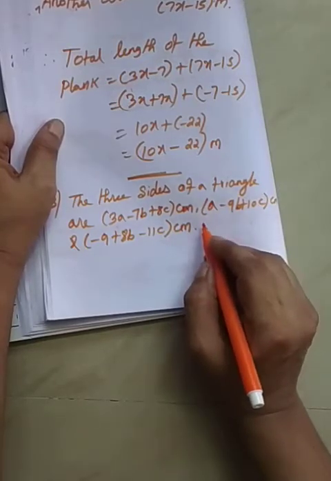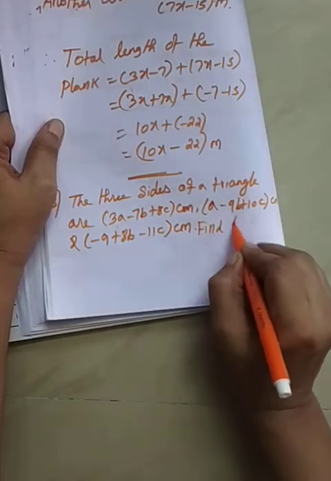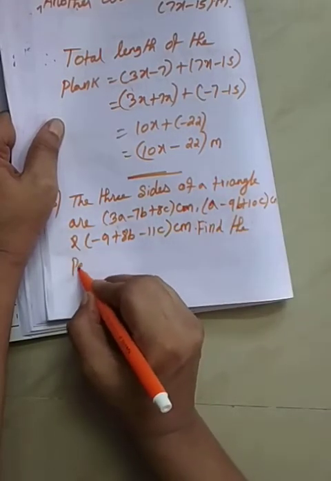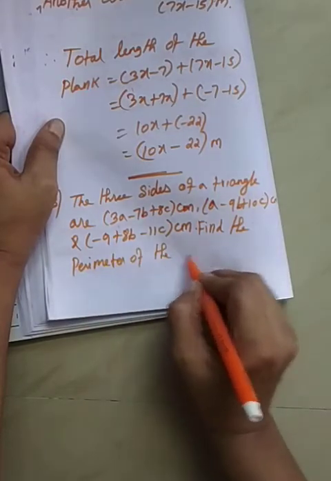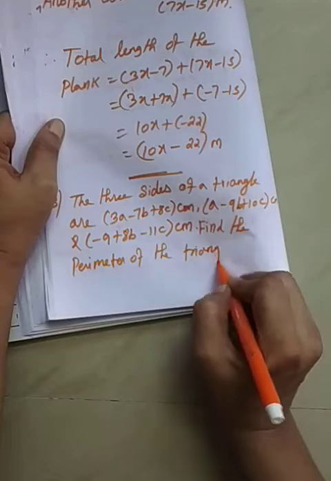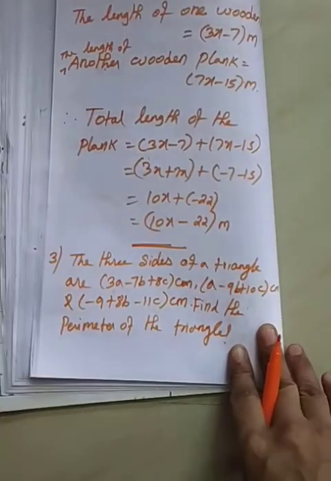Find the perimeter of the triangle. Okay, this is the question.